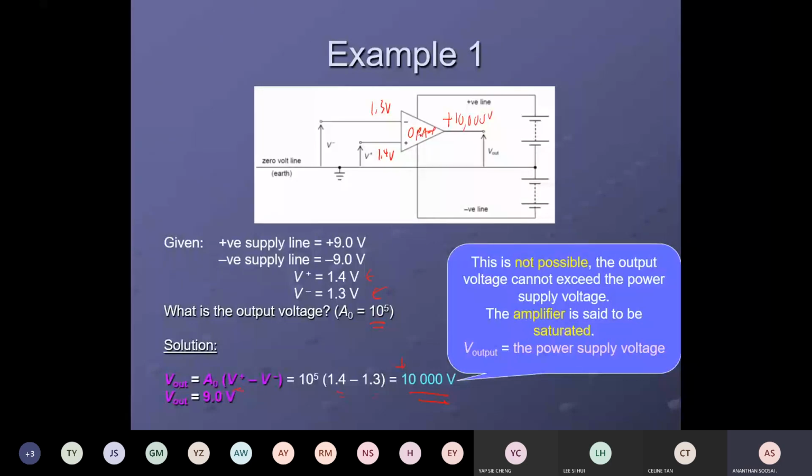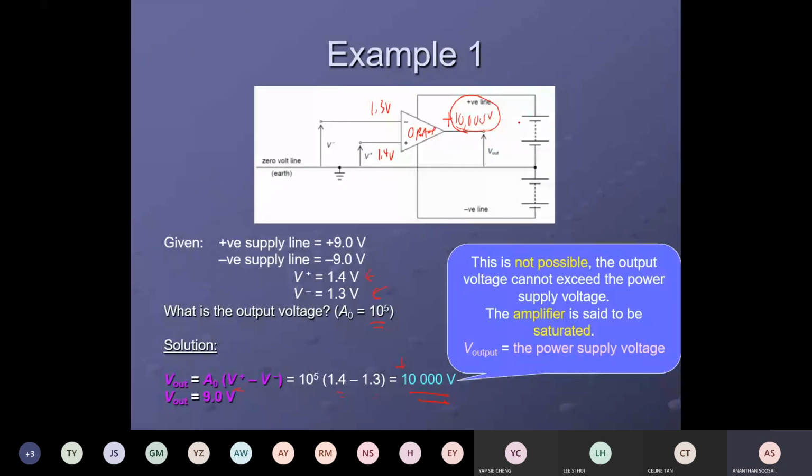The operational amplifier is like a judge. It analyzes the input and decides to give an output of 10,000 volt. But how much output actually comes out depends on the power supply.